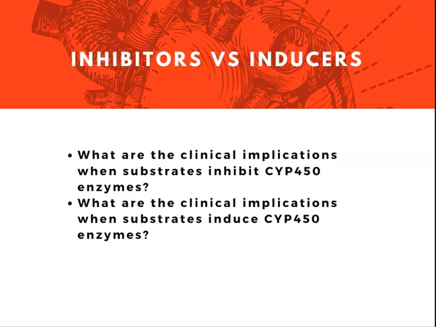So, listen to that again. The clinical implications when a substrate inhibits CYP450 enzymes: an inhibitor may decrease the metabolism of substrates and generally lead to an increased drug effect. So it decreases the metabolism and then it increases the drug effect.